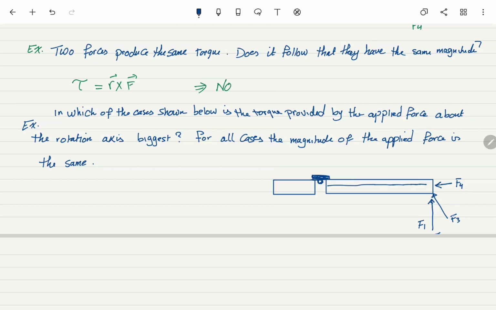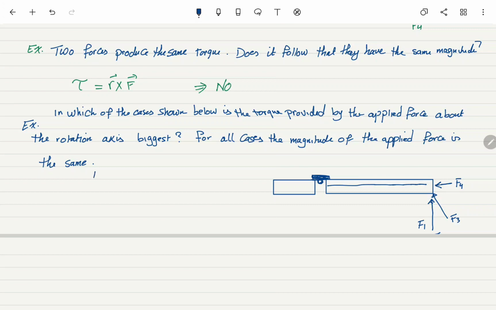Now F3 is at some angle with the distance, and in this case only the perpendicular component will provide a torque. But F1 is completely perpendicular to the distance, and in this case the torque that we will get is the maximum.